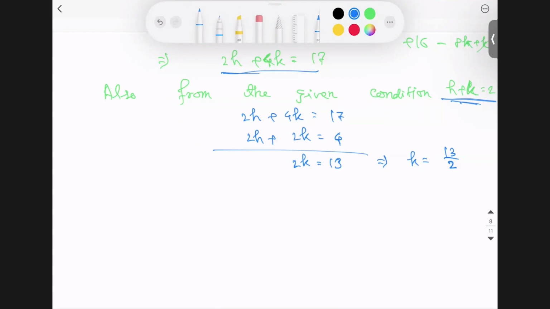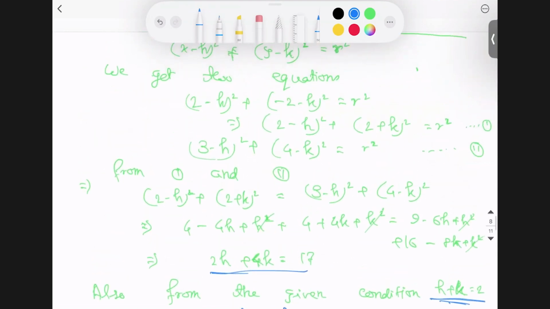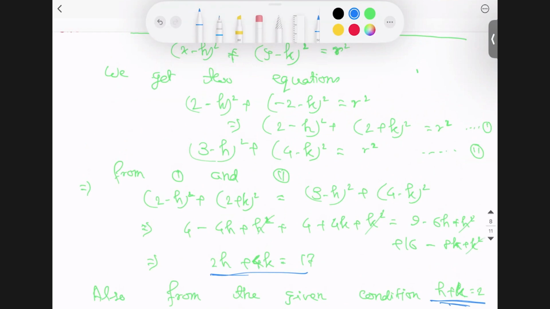Okay. Similarly, we will get an equation for h. Okay, maybe there is some mistake or not, I don't know. Let's see once.